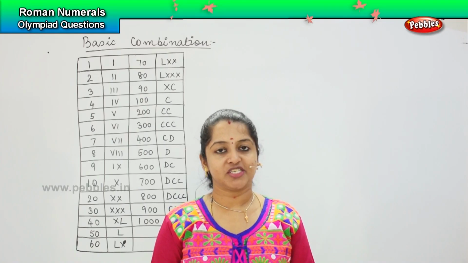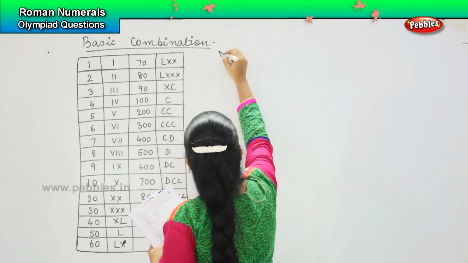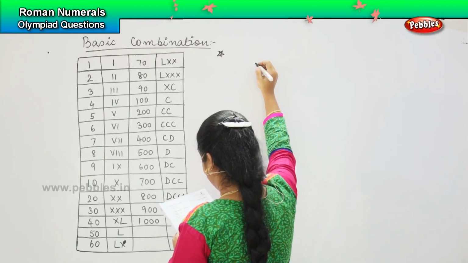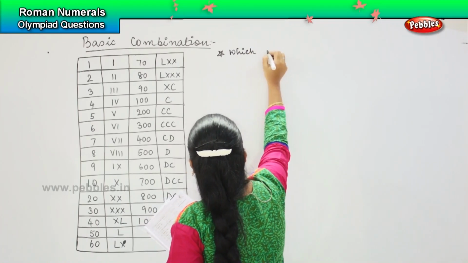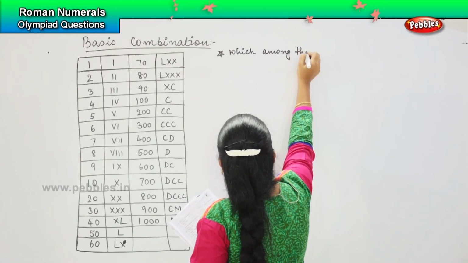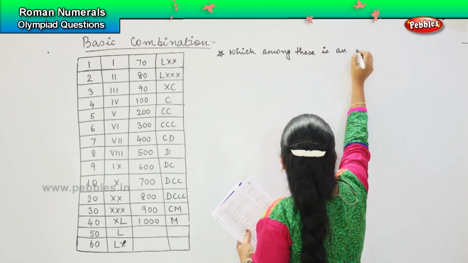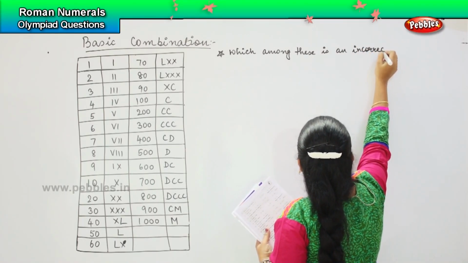Shall we move to the next question, children? So here is your next one. The question says, which among these is an incorrect match?